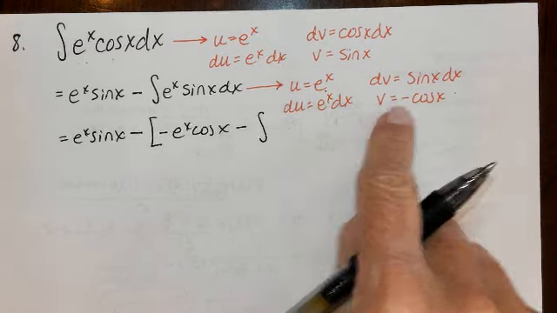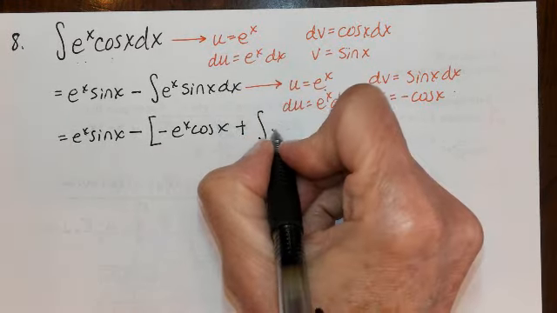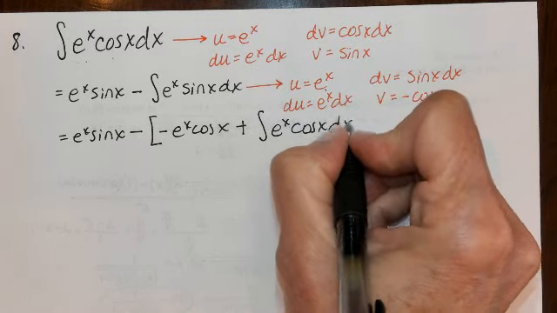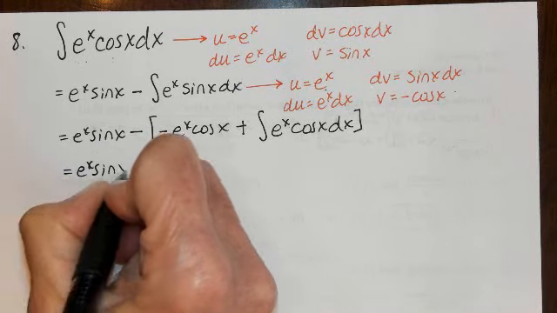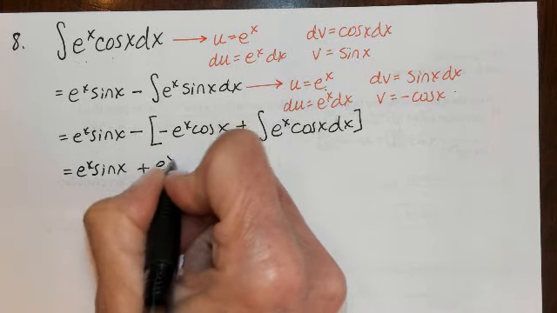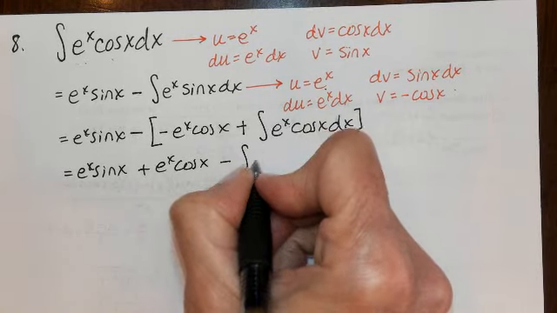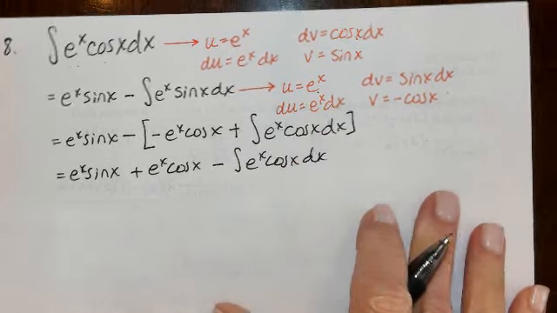This minus I'm going to bring out and change this to a plus, and then I'll have e to the x cosine x dx. So this is e to the x sine x plus e to the x cosine x minus the integral of e to the x cosine x dx.